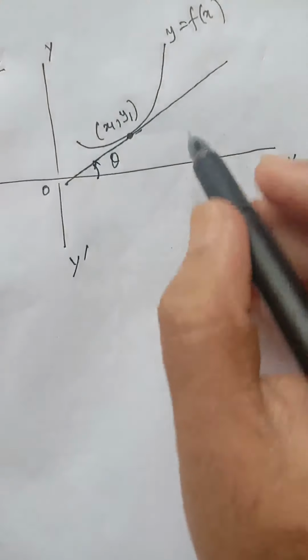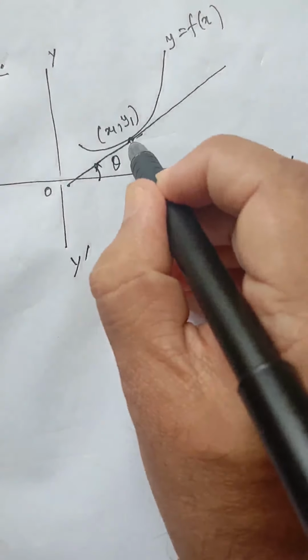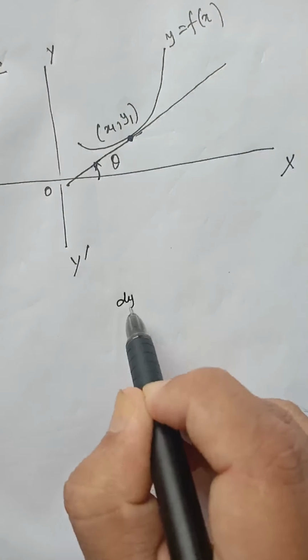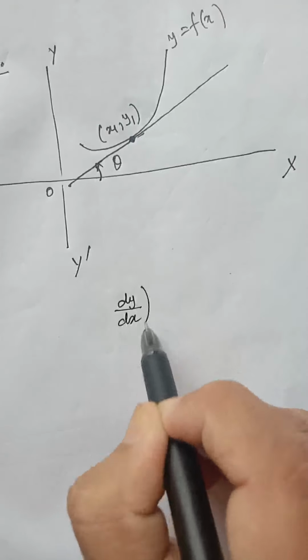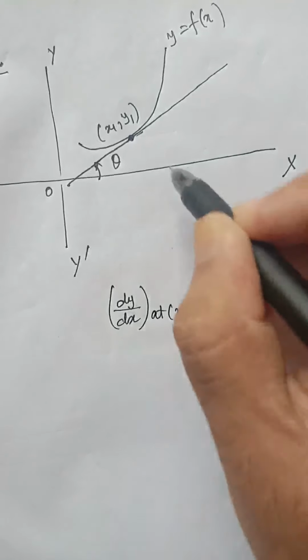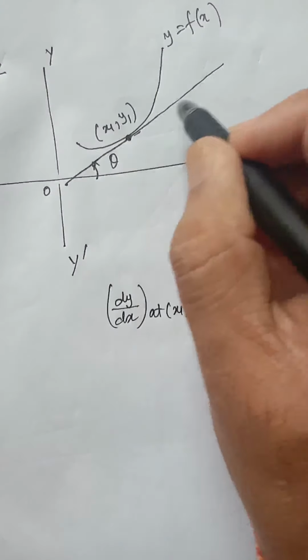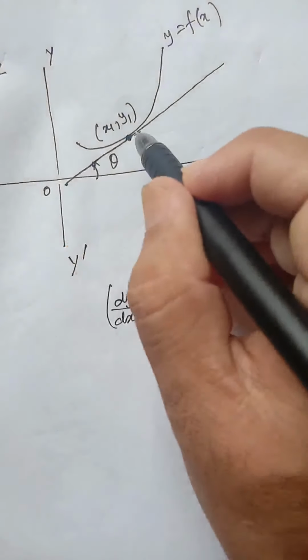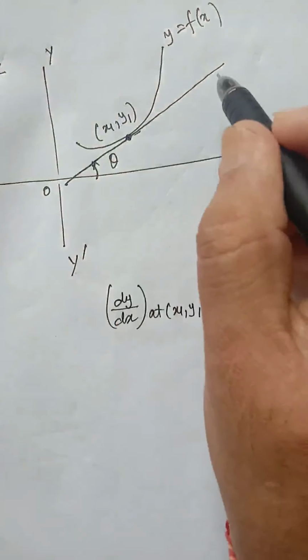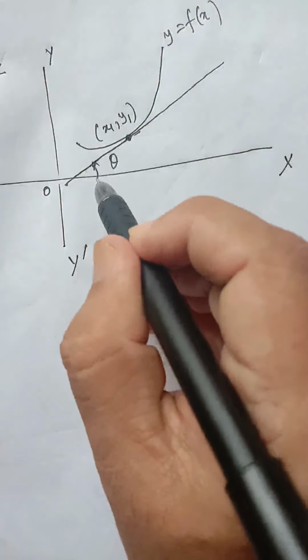Now at the point (x1, y1) this tangent is drawn, so its slope will be dy/dx at (x1, y1). Also this line makes an angle theta with the x-axis.